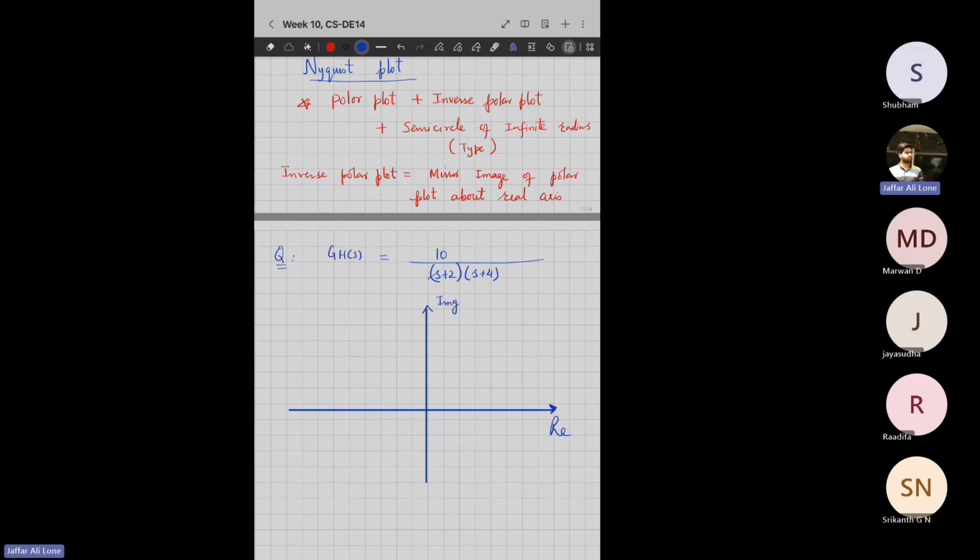Now see, what is the type of the system? What's the order of the system? The system is of type 0 and order 2. So my polar plot will come somewhere here.